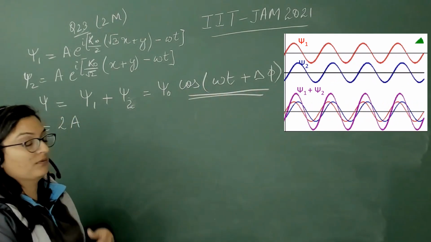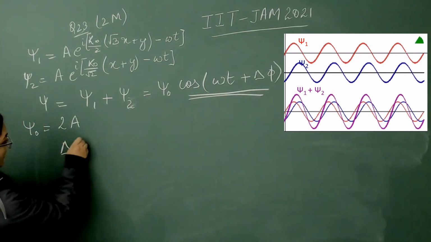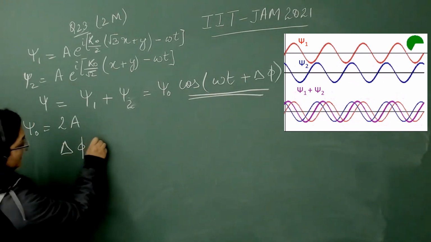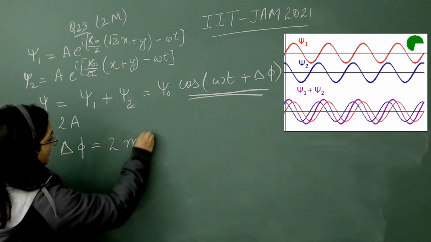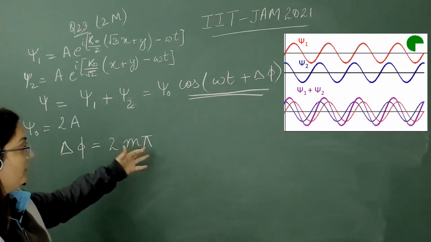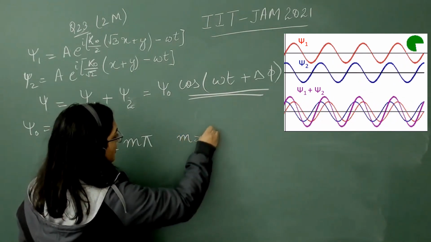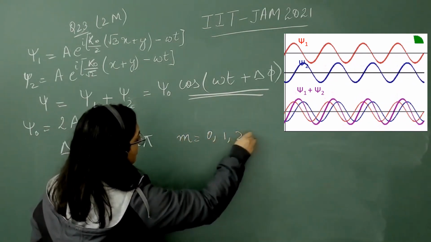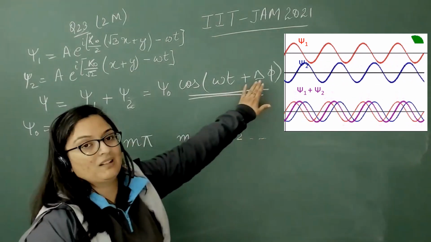And this will be maximum when delta phi is equal to 2m pi, which is an even multiple of pi, where m can vary from 0, 1, 2, etc.